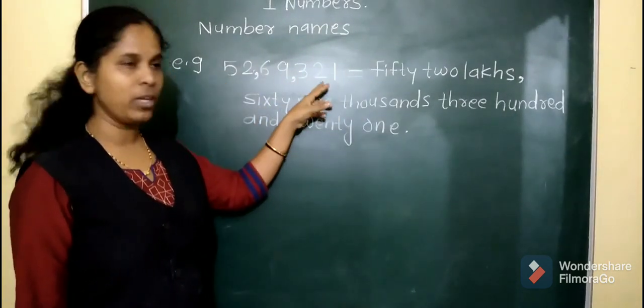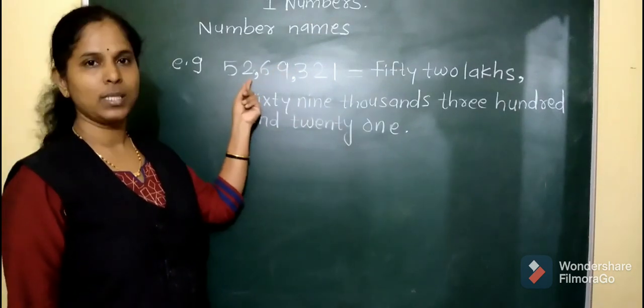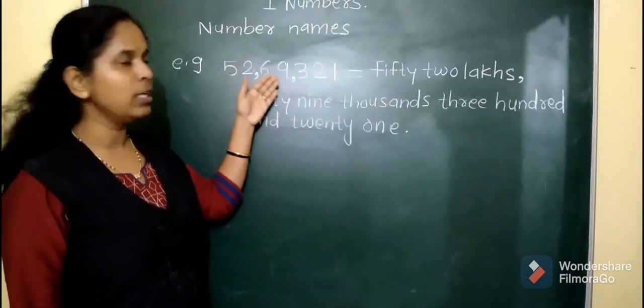To write the name of a given number we use commas and separate it into periods.